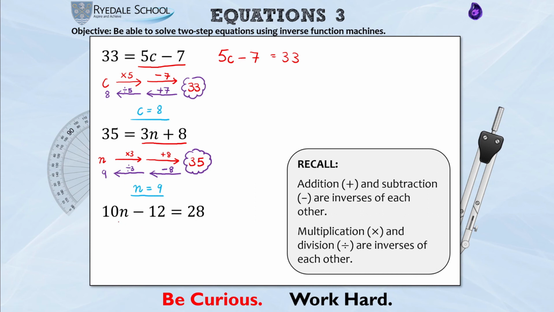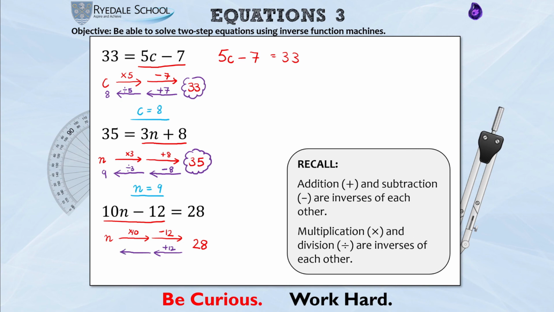Final example. I have 10n take away 12. So n is being multiplied by 10. And then 12 is being subtracted. And the answer is 28. Inverse of take away 12 is add 12.